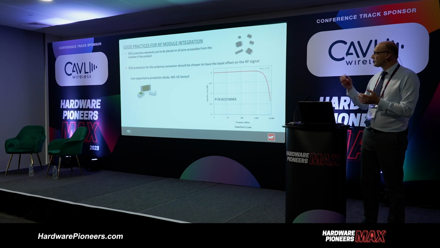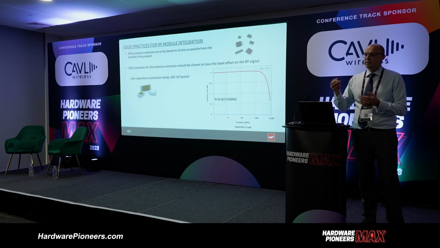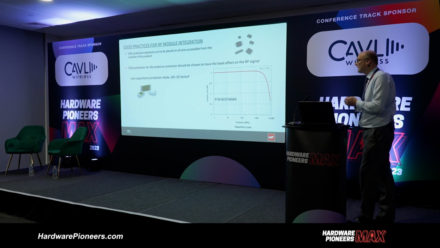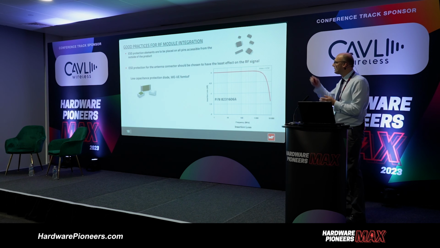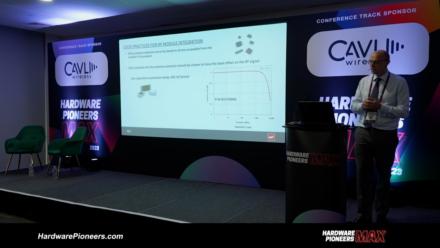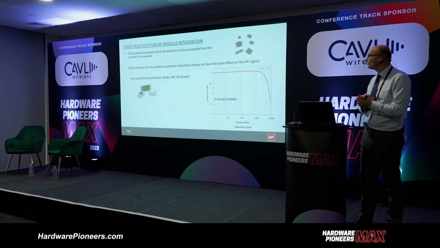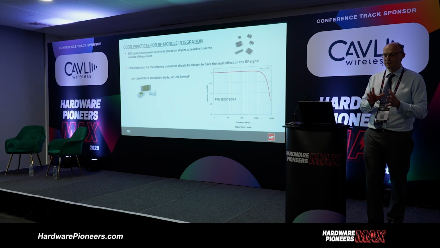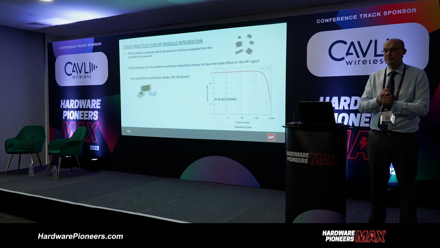So if the end user can remove the antenna, there's a potential there for an ESD discharge. So once again, the antenna ports are very, very sensitive, so you may need to consider ESD protection, in which case you also now need to take into account the level of channel-to-channel capacitance.